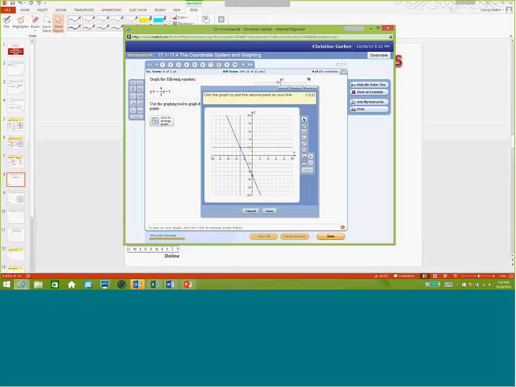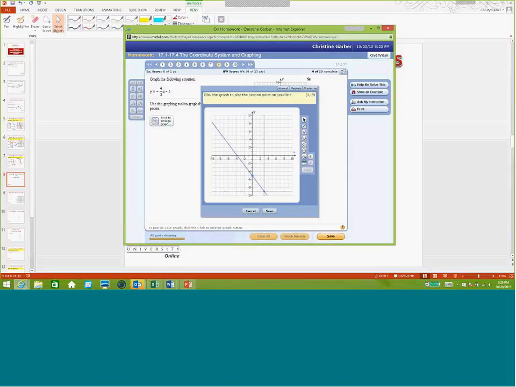Now see the gray dot. You want to find the next point that lies on the line. Let's go back to our y-intercept. Our slope is -4/3. Now remember, since it's negative, we could either rise negative 1, 2, 3, 4, and run positive 3, 1, 2, 3, and I would put that dot right there.